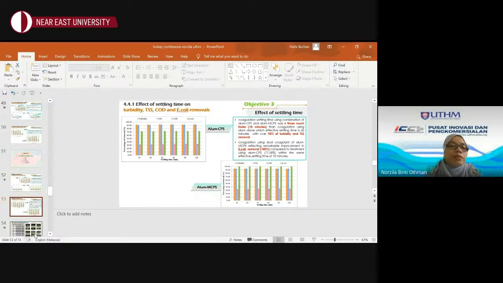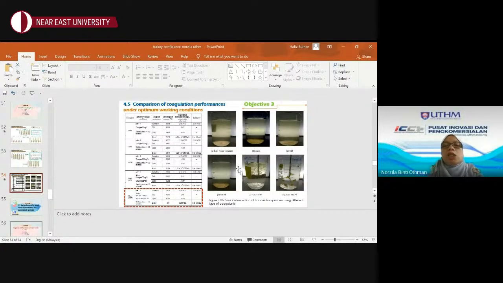Okay, look at this figure. The first one is the raw water as the control. The second one is the raw water that has been added with LM. The third one is the raw water that has been added with cassava peel starch. The fourth one is the raw water that has been added with modified cassava peel starch.